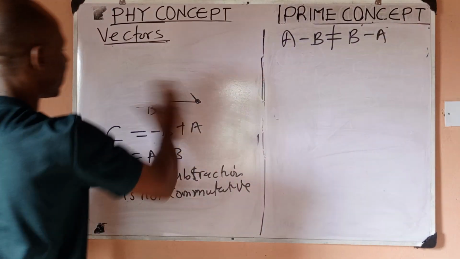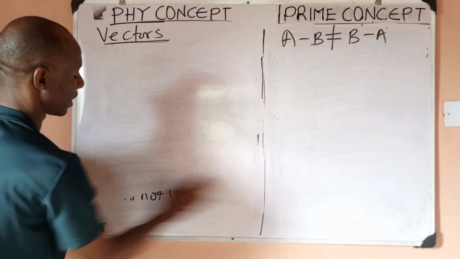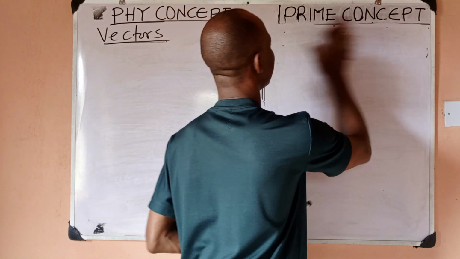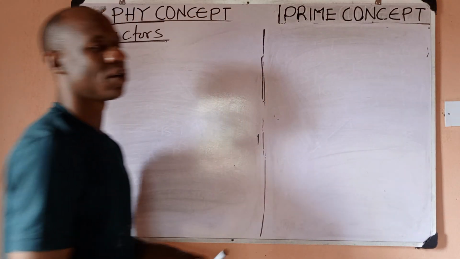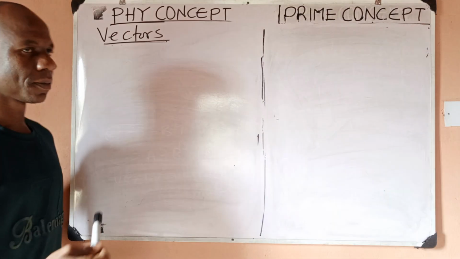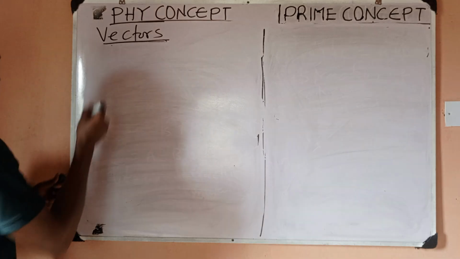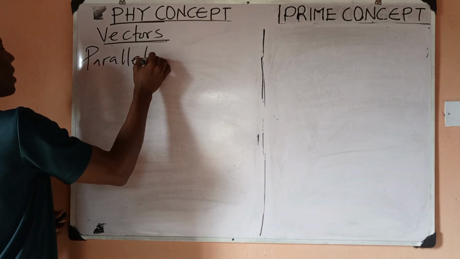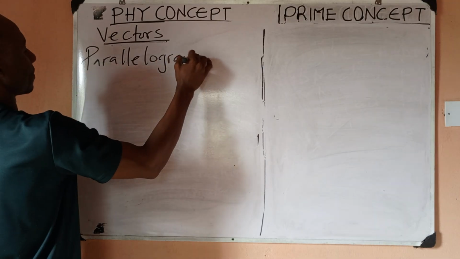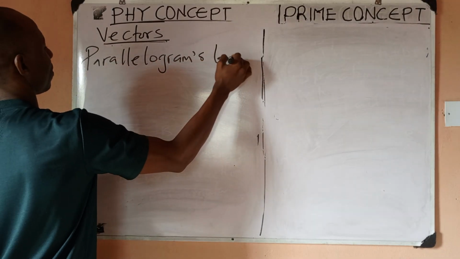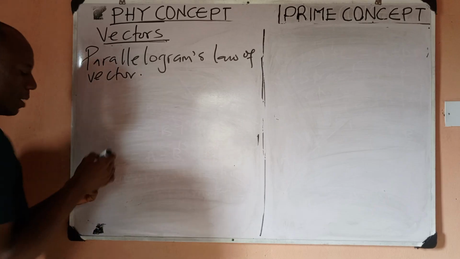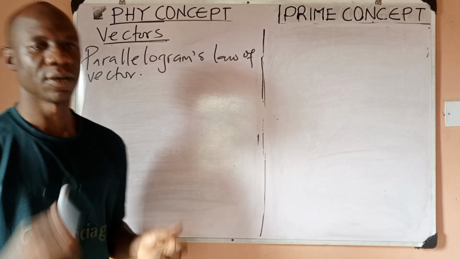Then finally, before we draw this video to an end, we're going to solve a problem or want to introduce another method of vector addition, which is what we know as Parallelogram's law of vector.